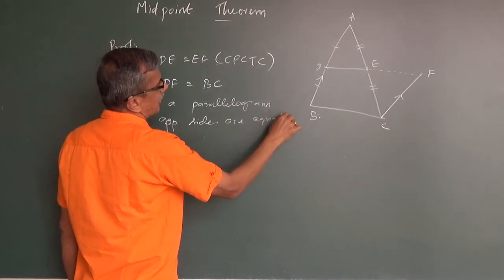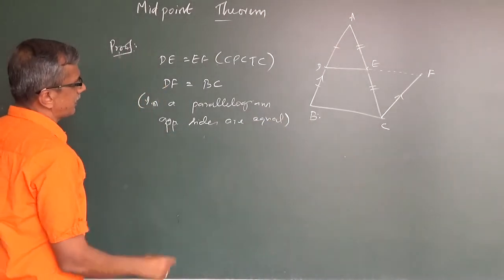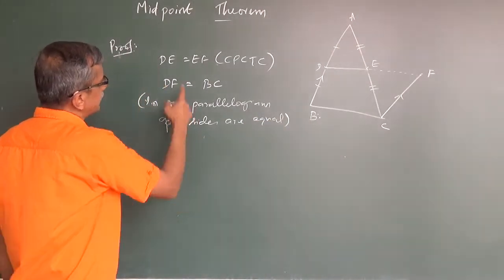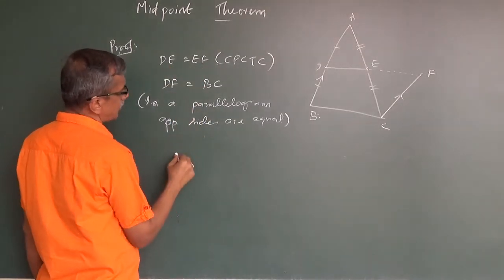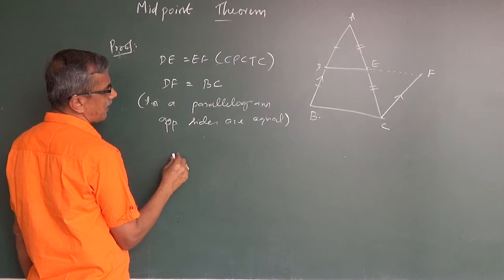DF is equal to BC and DE is equal to EF, so DE and EF become half of BC.